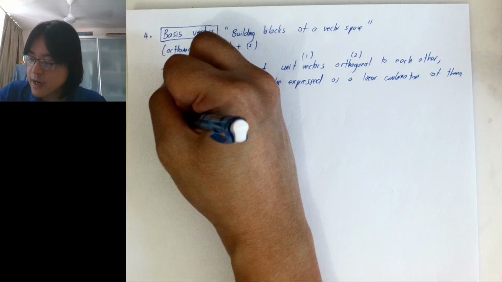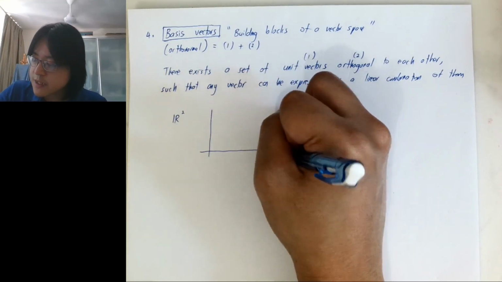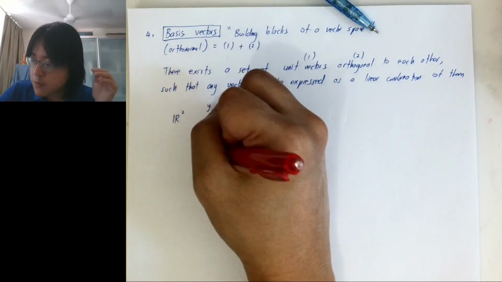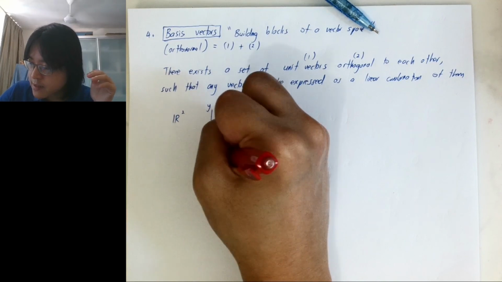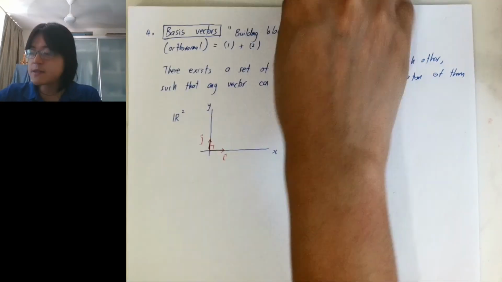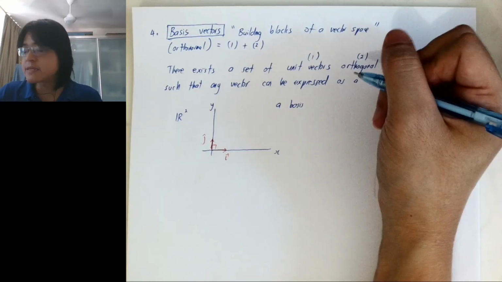Okay, so let's take the R2 example again. R2 always has an x-axis and a y-axis, but my orthonormal basis is one unit vector here and another vector here. They are perpendicular and length 1. This is not a unique basis.